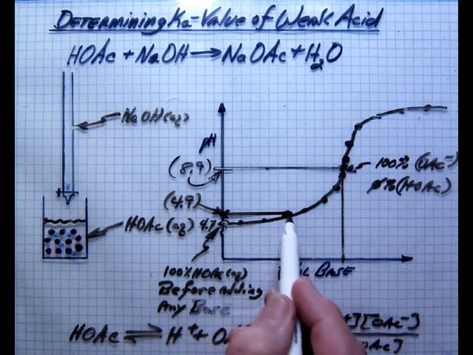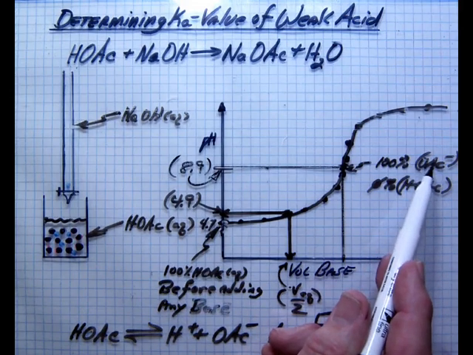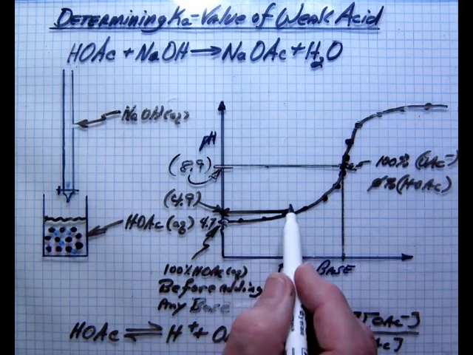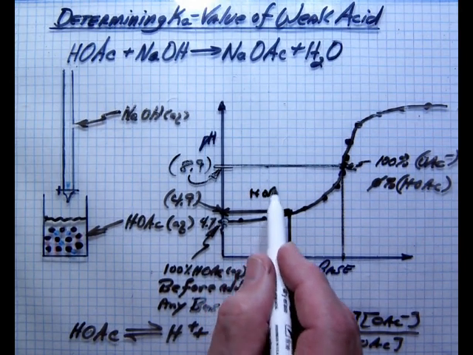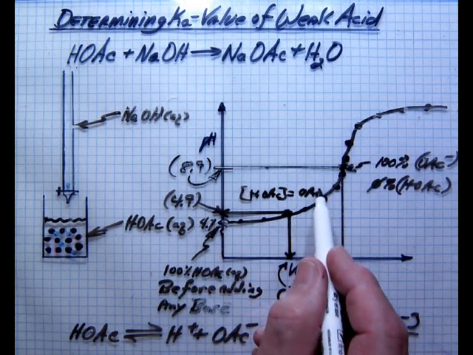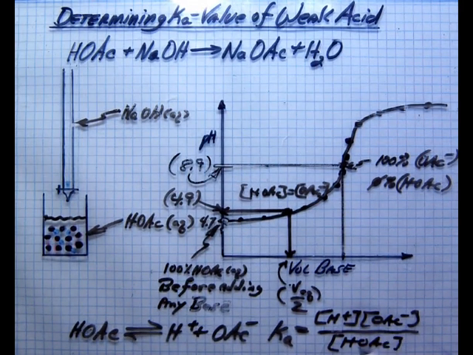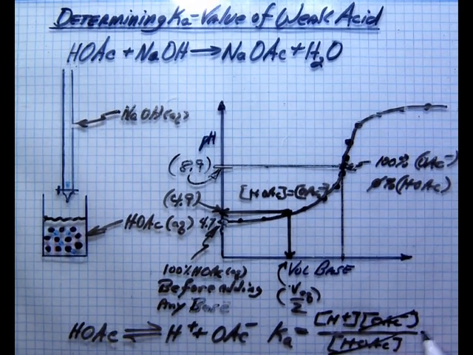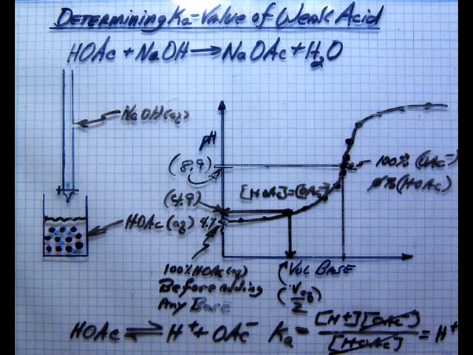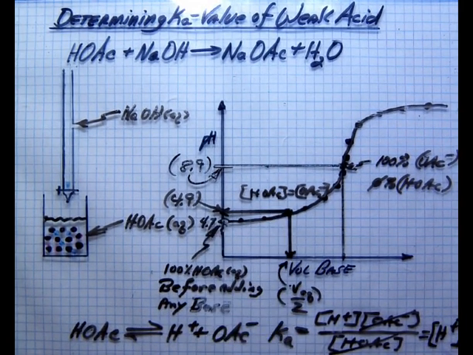At this point, we're halfway between neutralizing all of the acid and forming all of the base. So at this point, the concentration of acetic acid is equal to the concentration of the acetate ion, or the salt being formed. If that's the case, then these two are equal and cancel out, and the Ka is equal to the hydronium ion concentration at this particular point.